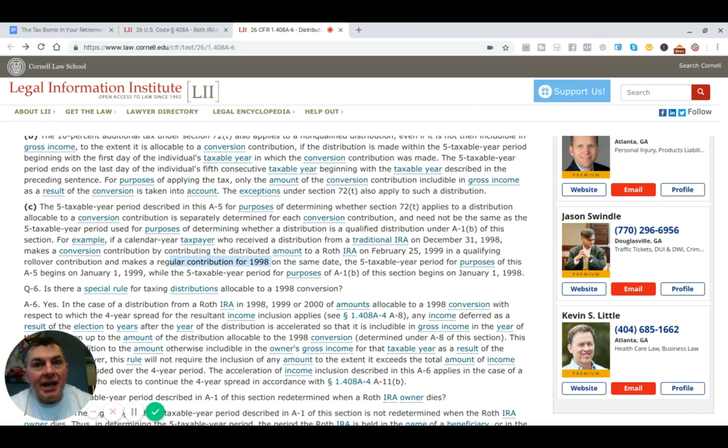Now, if he's over the age of 59 and a half, the gains will also be eligible for him if he's held the account for 5 years. Now, if he's over the age of 59 and a half and he makes a conversion, those are still there for him. He can still take those conversions out because he has an exception to the 72T.